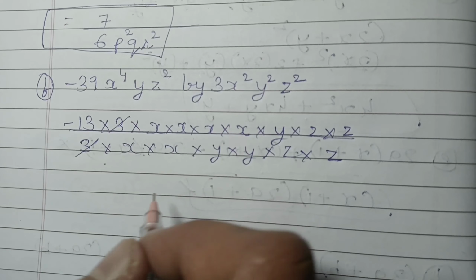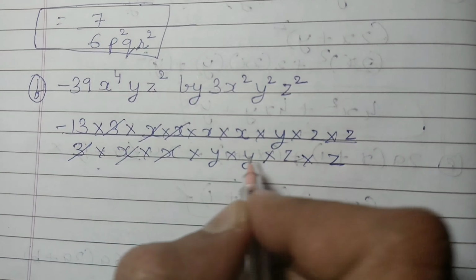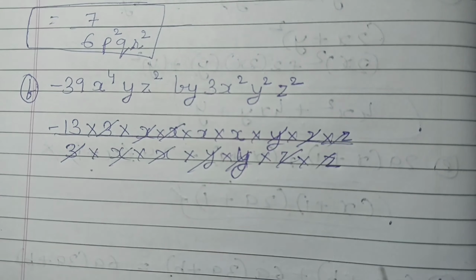Now we can cut 3 by 3 and x will cut 2 times, y we can cut 1 time and z we can cut 2 times.